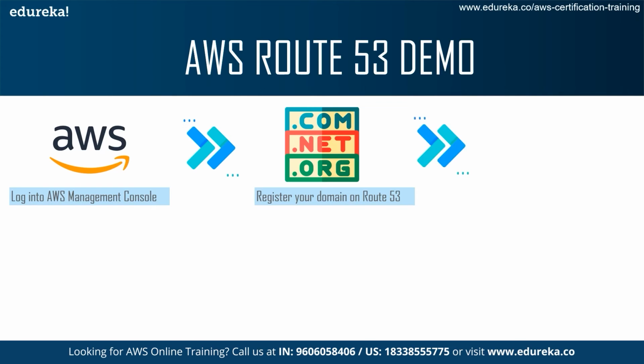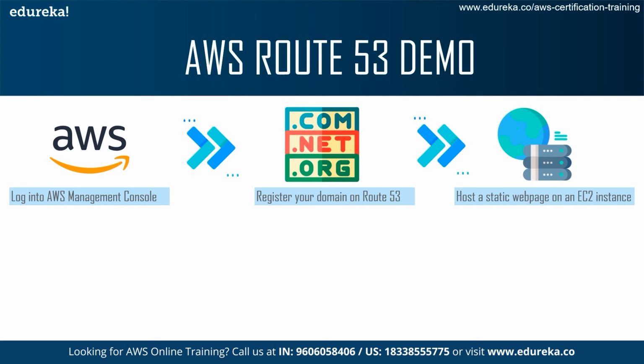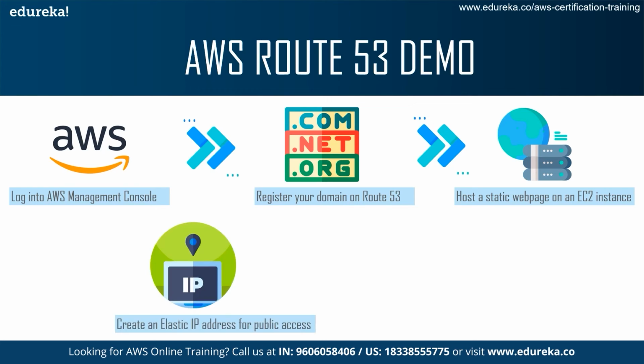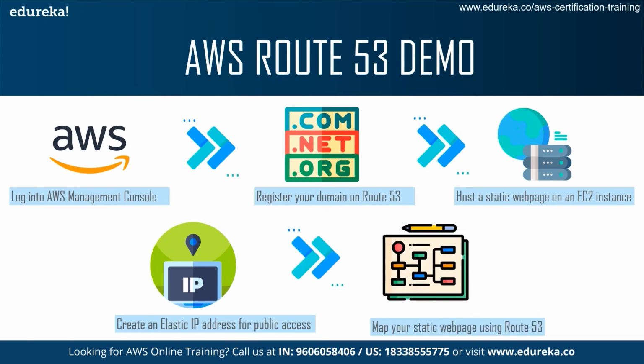Then we host a static web page on an EC2 instance, like a T2 micro for Ubuntu, and use PuTTY to access the instance that you created on EC2. Then you create an Elastic IP address for the public to access your domain. And finally, you map your web page using Route 53, right? So this is in short how Route 53 works, as we saw.